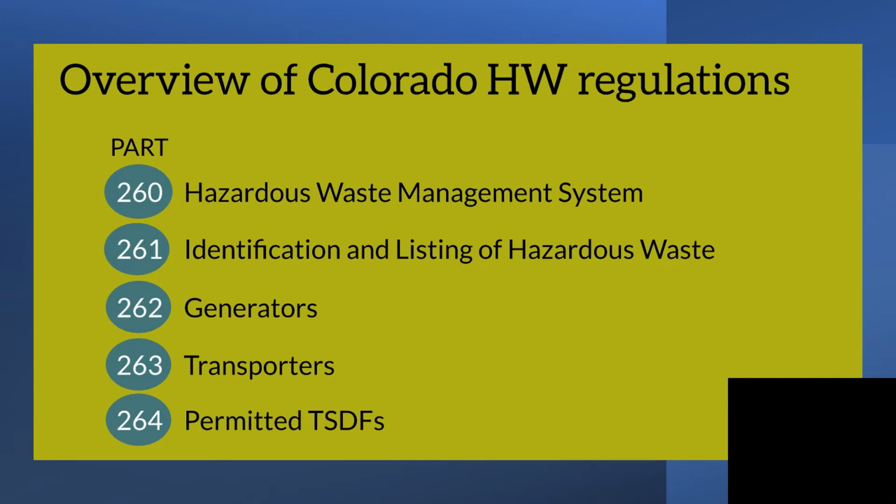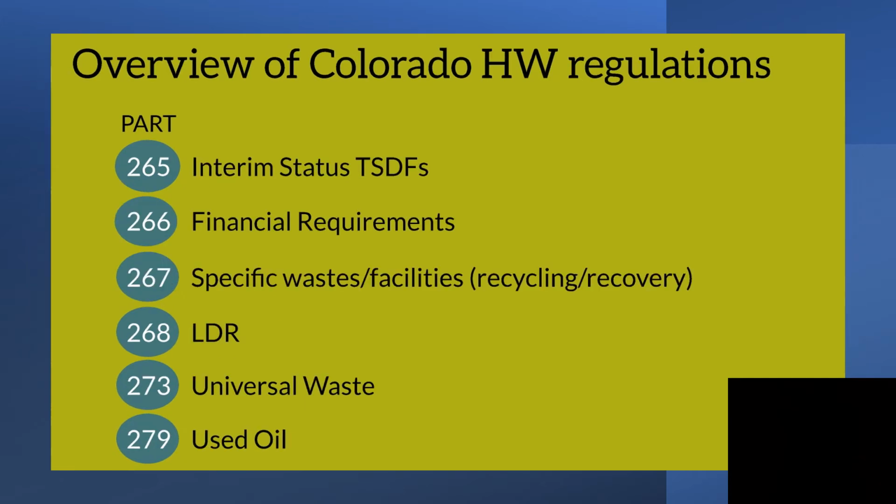Here are some specific parts to these regulations that Colorado has, like Section 262, which applies specifically to generators, or 264, which applies to permitted treatment, storage, disposal facilities. Here are some more Colorado-specific regulations. I want to point out Section 273, which applies to universal wastes, which we will cover later in this lecture.